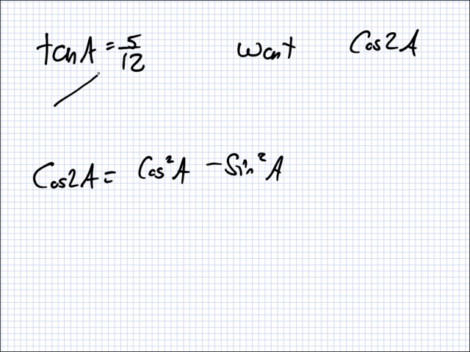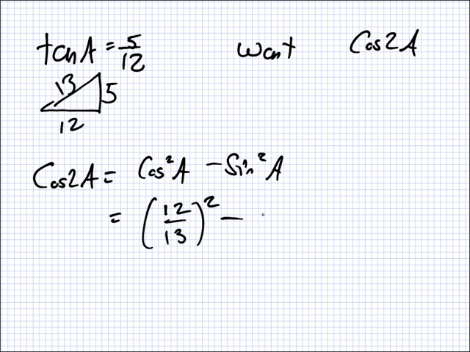Again, a triangle. This is 5, this is 12, and so this is 13. What's cos A? 5 over 13? No, it is not. It's 12 over 13. And sine A is 5 over 13. Then we calculate it, and that's the answer. That is okay, isn't it?